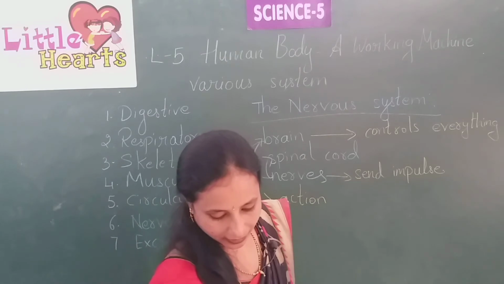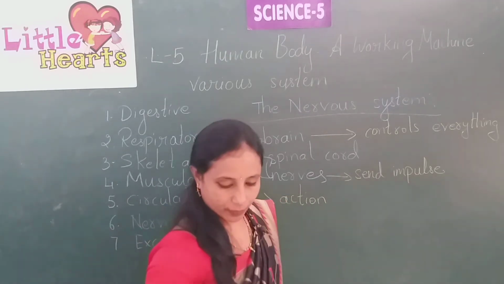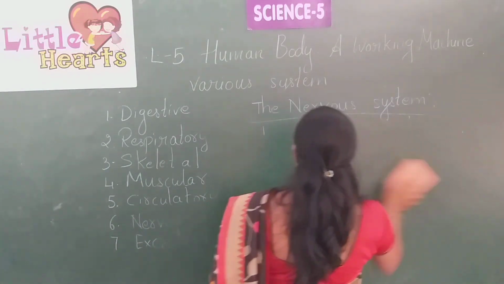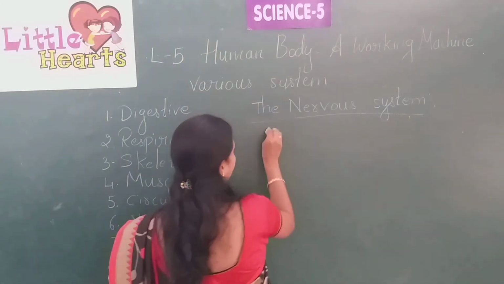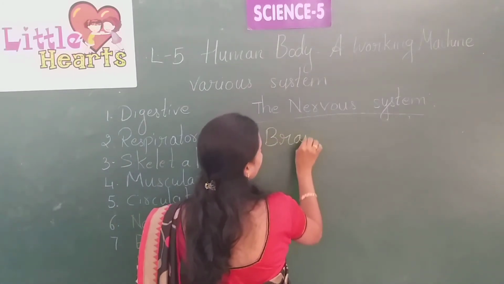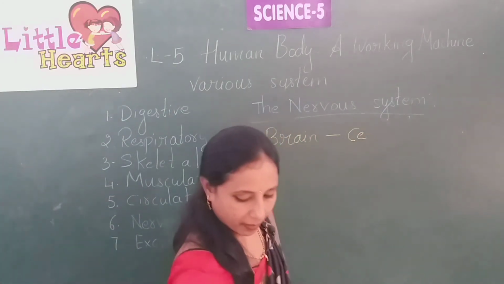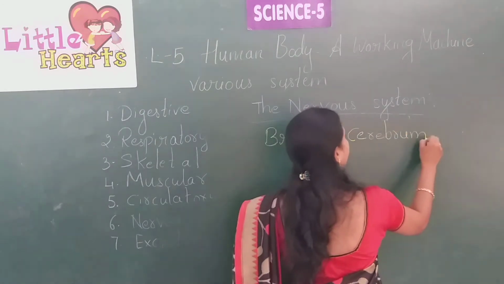Yes. So here the brain has three main parts. What are the three main parts of the brain? The first one is cerebrum.